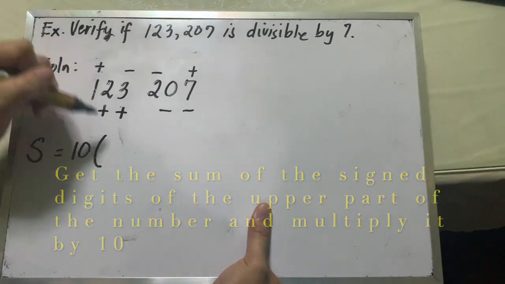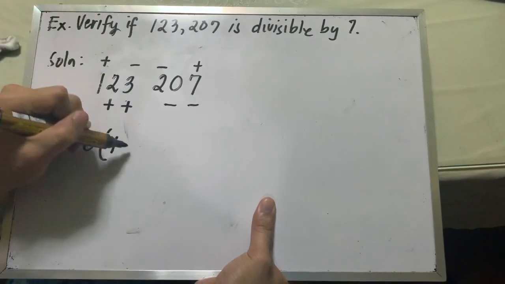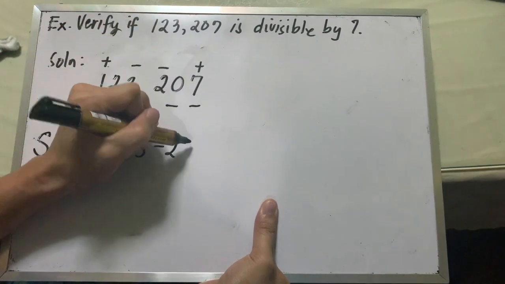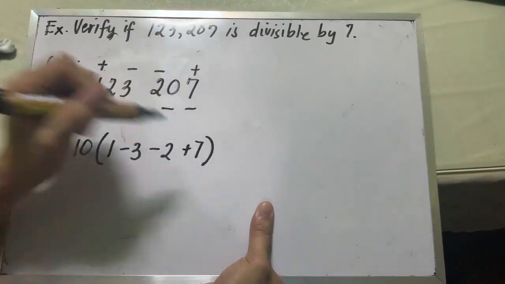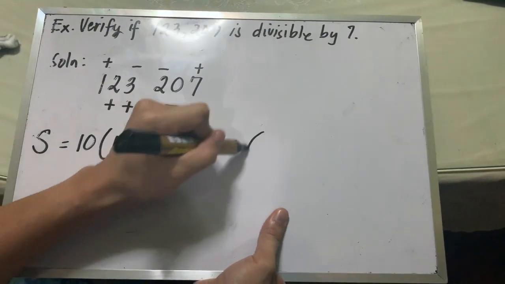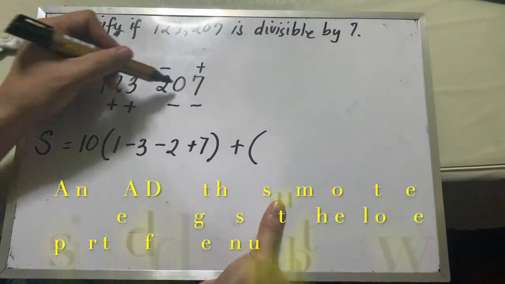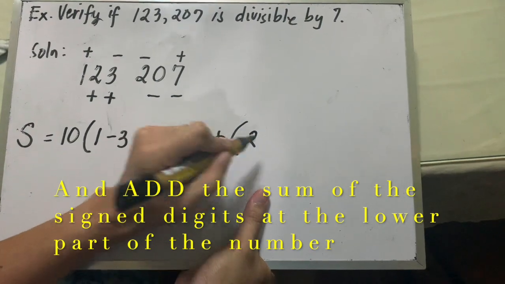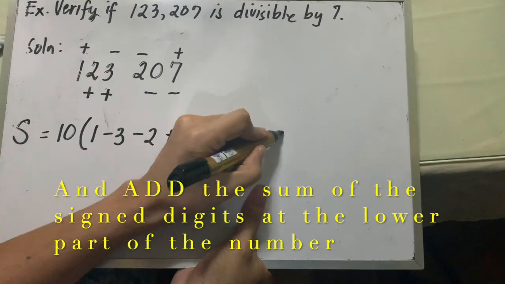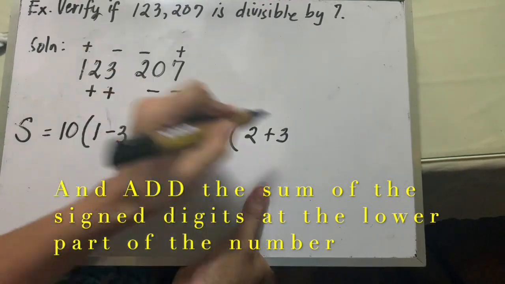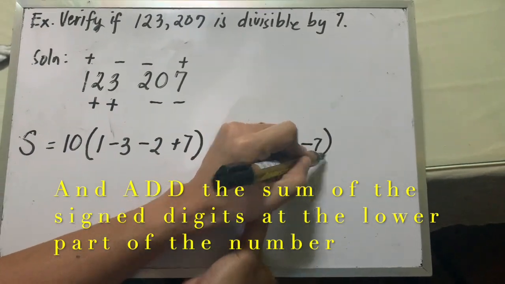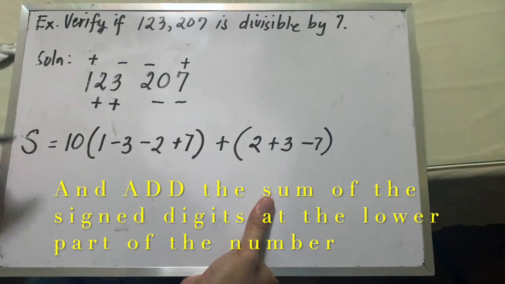So we have 1 and the 3, negative 2, and the 7. And we add the digits at the lower part. We have 2 plus 3 minus 0, which is 0, and minus 7.